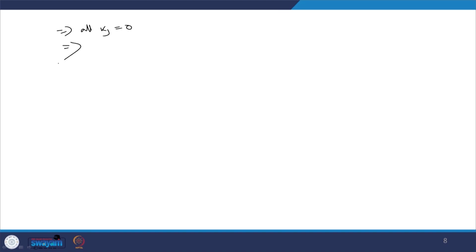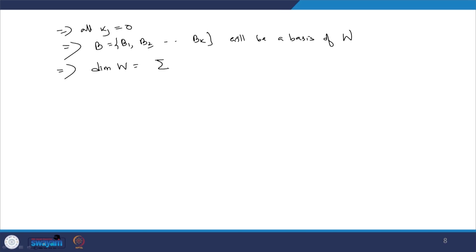So B consisting of B1, B2, Bk is a basis of W. So the dimension of W equals the sum of the dimensions of Wi, i equal to 1 to k.